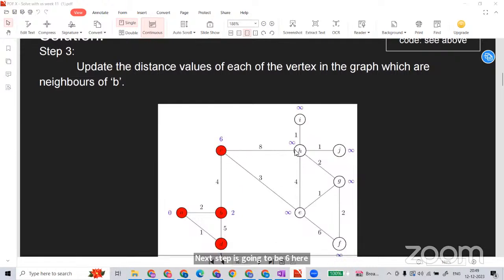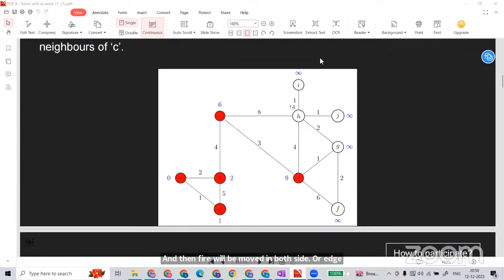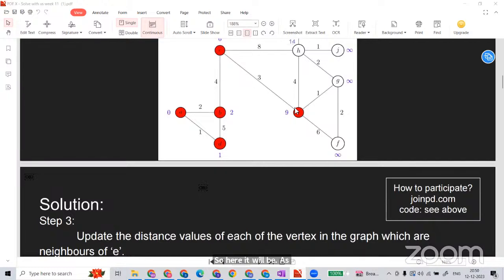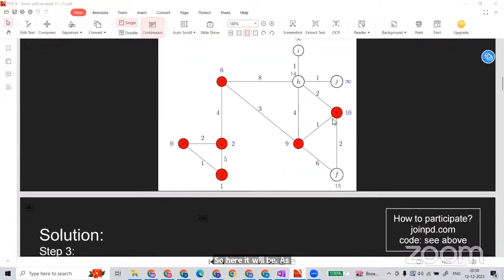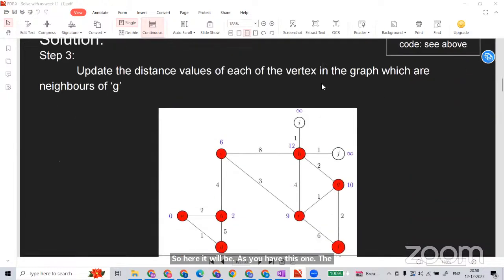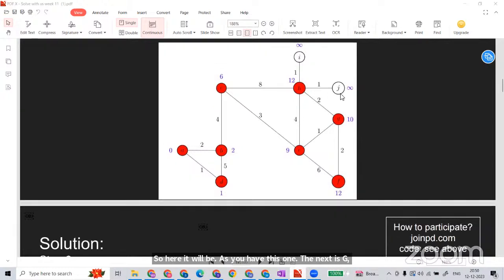And then it will move in both directions for H, directly or by this way. So here it will be 9. The next is G, then H, then J.